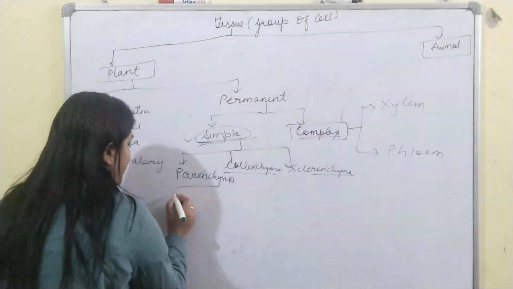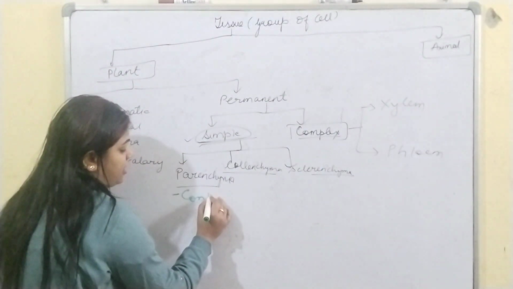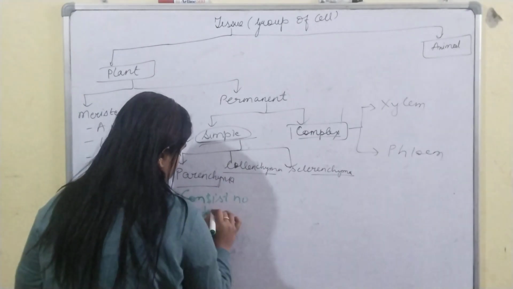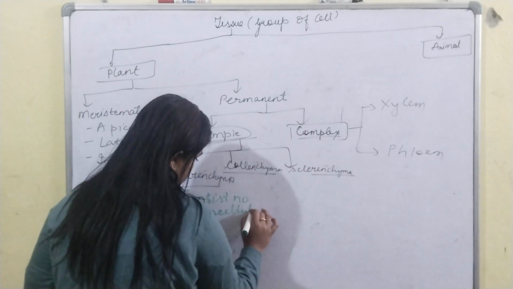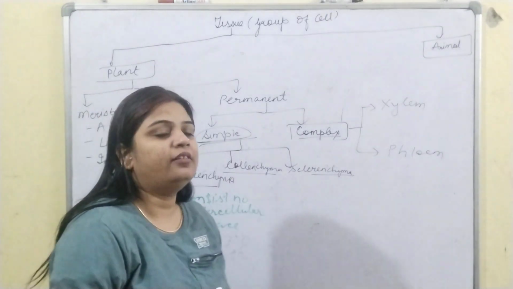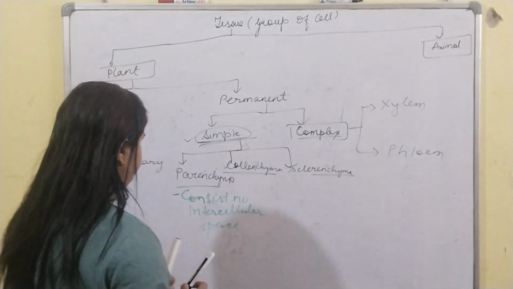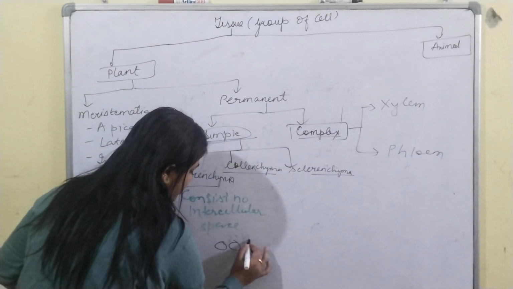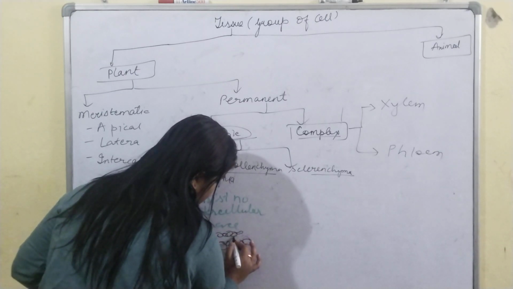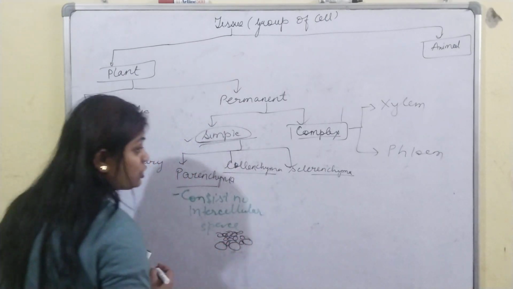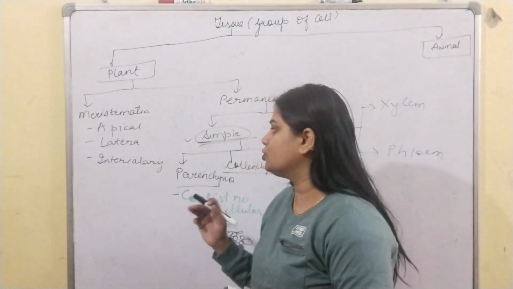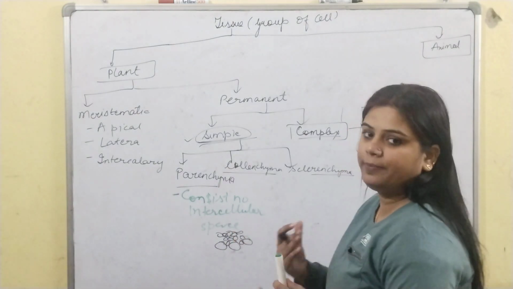Parenchyma has no intercellular space, and the cells are round. There is no space, and that is the reason they are very soft. So parenchyma is the softest part of the plant.